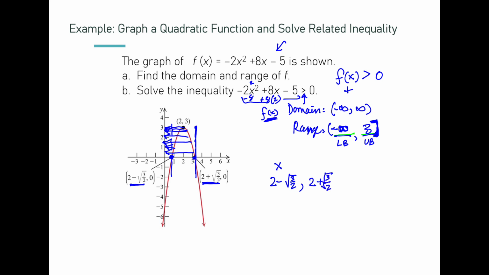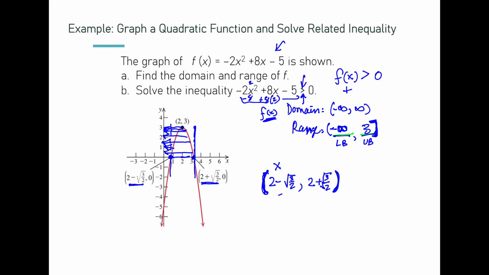We are touching this. Well, no, we won't touch it. It'll be a parenthesis because it's just greater than, it's not equal to, and we'd have a parenthesis on both sides. This is the area from here to here for x that results in y's that are greater than 0.